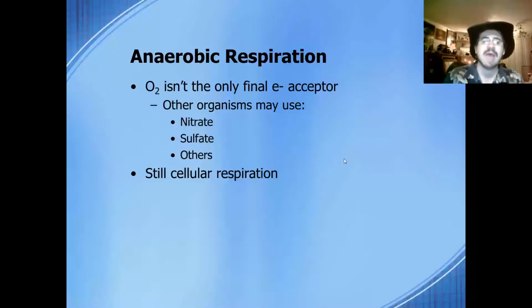So we're going to have slightly less energy production, but still a large amount compared to the energy produced in glycolysis. So this is anaerobic, which means it does not require oxygen.